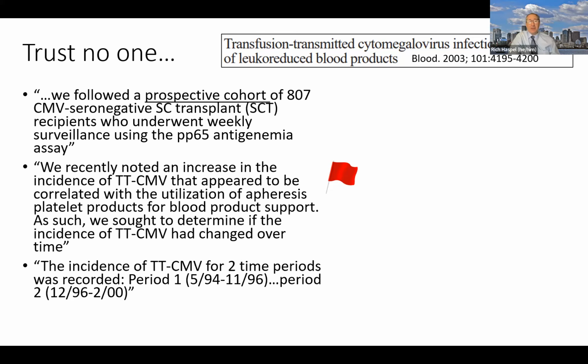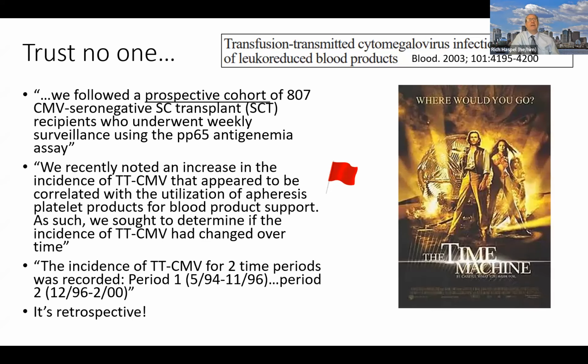And then they looked at two time periods, one before this change in utilization of apheresis products, and then a second period. So there is no way this can be a prospective trial, which means starting from day one, you're separating the patients into two separate cohorts before you've even started the study. So unless they have a time machine, this is a retrospective study.